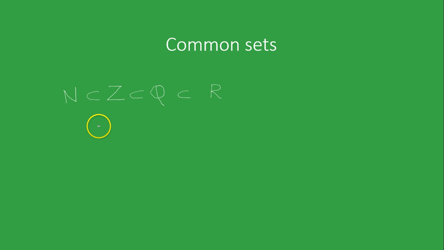There is another set T, which is used to denote all the real numbers which are not rational numbers. That is, T represents all the irrational numbers. Here, T is a set of real numbers.